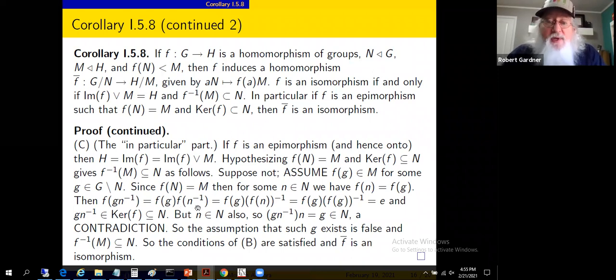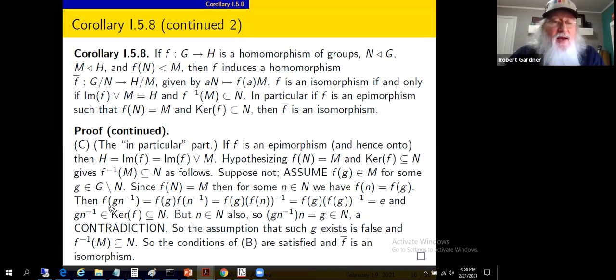A homomorphism applied to an inverse is the inverse of the image. So F of n inverse is F of n inverse, by homomorphism properties established earlier. F of n and F of g are the same, so we can replace that with F of g. Now we get F of g times F of g inverse. Well, that's the identity.